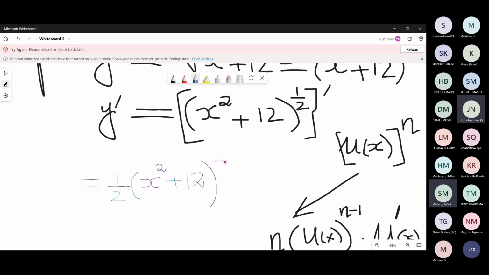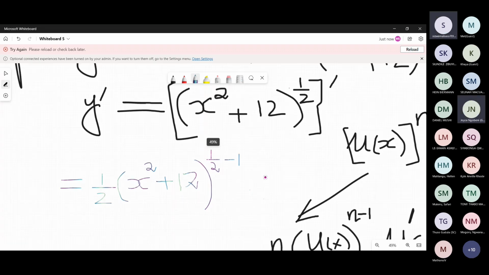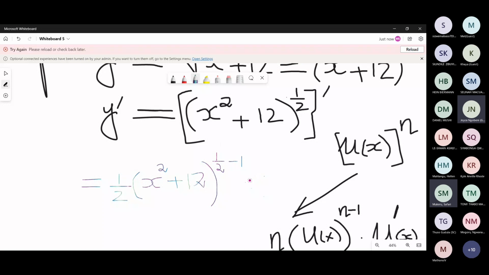Then you multiply by the derivative of the bracket, x to the power of 2 plus 12 prime. Yes, and what is that? Give me the answer directly.